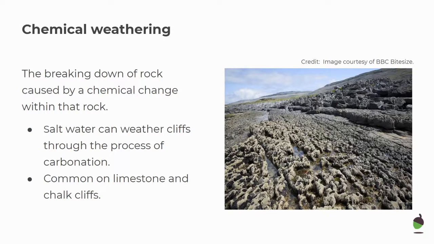On the coast, salt water will weather the cliffs through the process of carbonation. It's common on limestone and chalk cliffs. So that salt water, which is slightly acidic, creates a chemical change within that rock. It will be a good idea now to pause and just get down the top sentence.